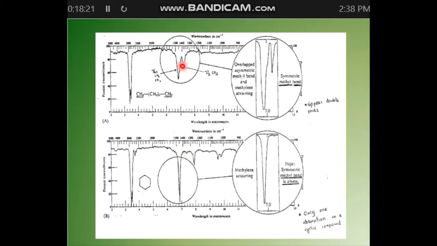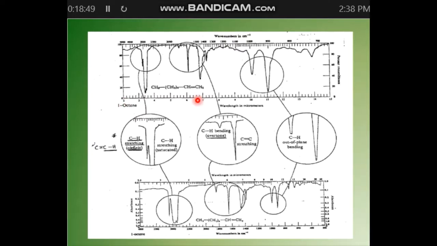In addition to carbon-carbon frequencies, we also see sp3 carbon hydrogen vibrational frequencies, and usually the sp3 carbon hydrogen vibrational frequencies are at 2900 centimeter inverse.